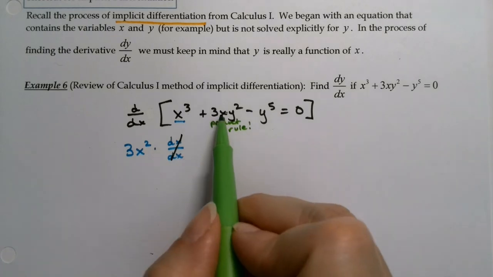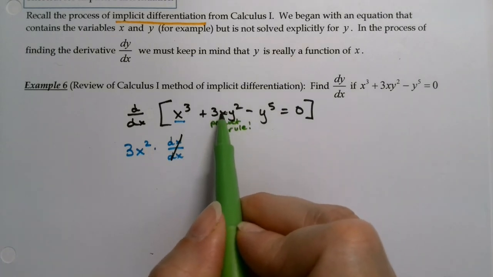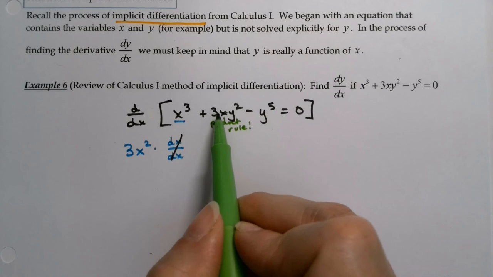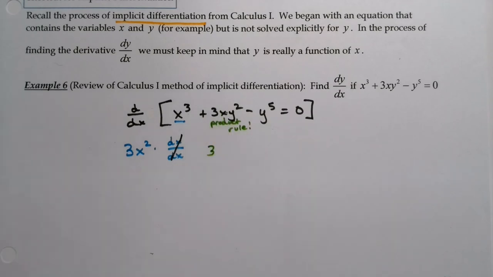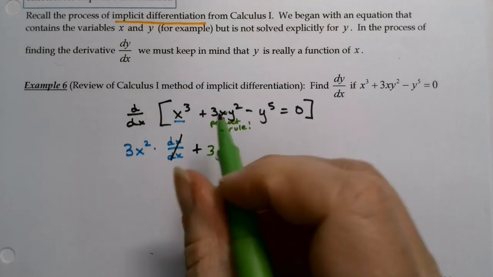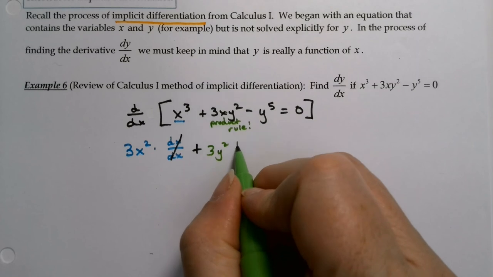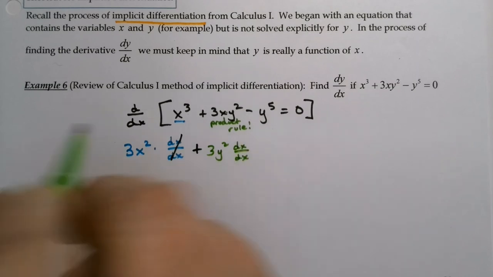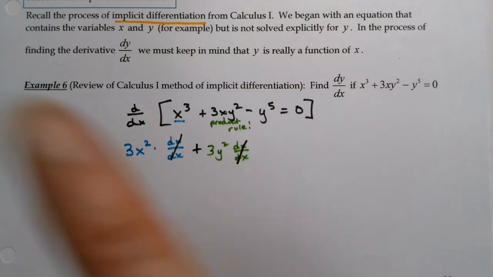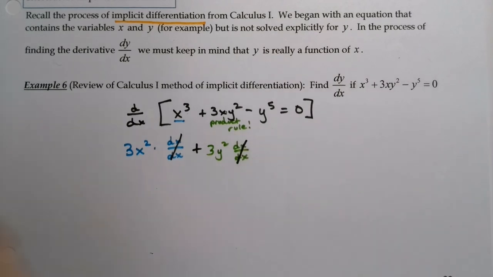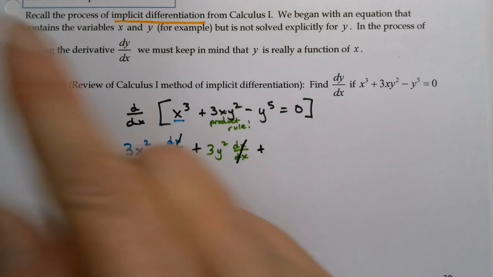All right, now this middle one, there's a multiplication there, so we're going to need product rule, everybody's favorite. So let's take the derivative of the 3x part, which is just 3. So you'll say 3, and then leave the y squared alone. And of course, you were taking the derivative of the x part, so that's times dx over dx, which again, we usually don't even bother showing past the first time we learned this in Calculus 1, but I thought it might be helpful to us right now to kind of remind ourselves.